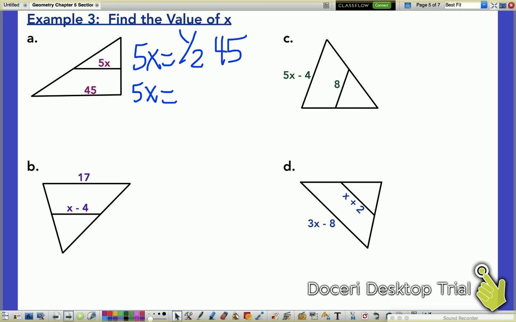Okay, so what is half of 45? And I'm trying to give you guys time to calculate this. 22.5. Okay, divide that by 5, and x is 4 1/2.